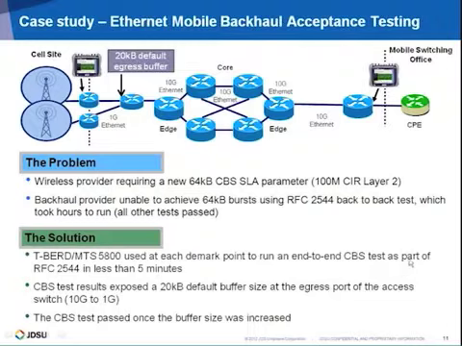And running this test now can take less than 5 minutes, and it was able to expose a default buffer size that was too small at the switch that was aggregating several 1 gigs worth of cell site traffic back to a 10 gig pipe into their core. This default buffer size was only set to 20 kilobytes.